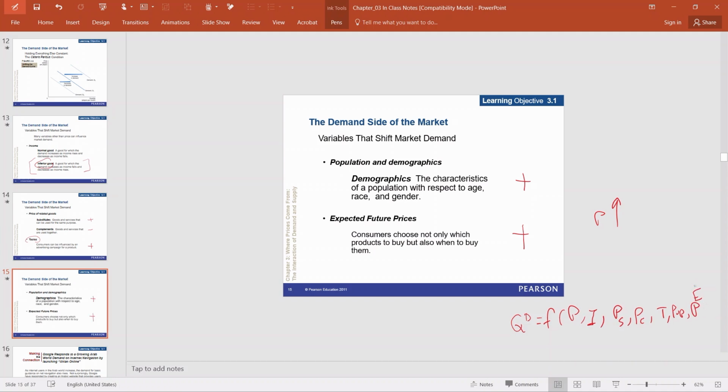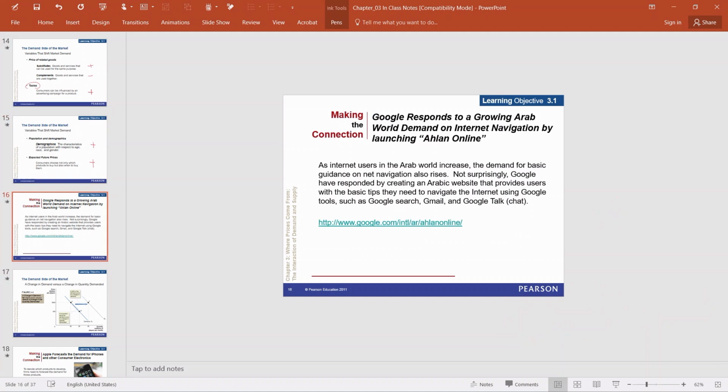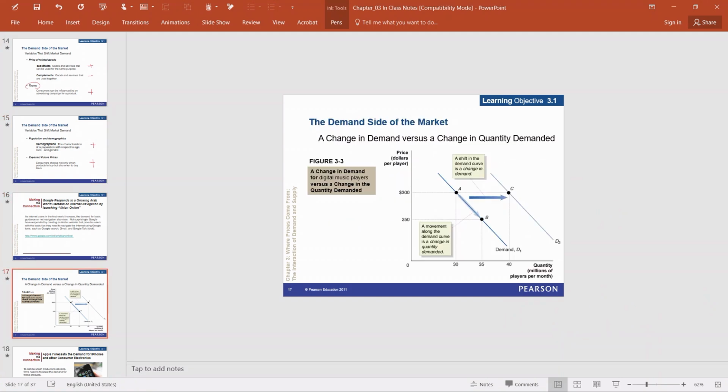So this is negative, positive, positive, negative, positive, positive, positive. These signs, positive and negative, show the relationship between the variable itself and the quantity demanded. Again, this is the movement of the demand curve because of change in the other variables.